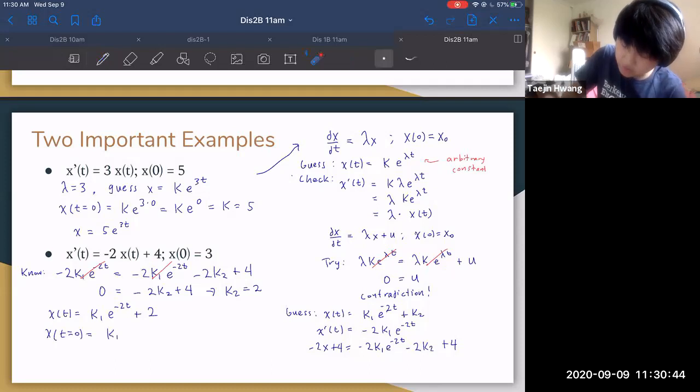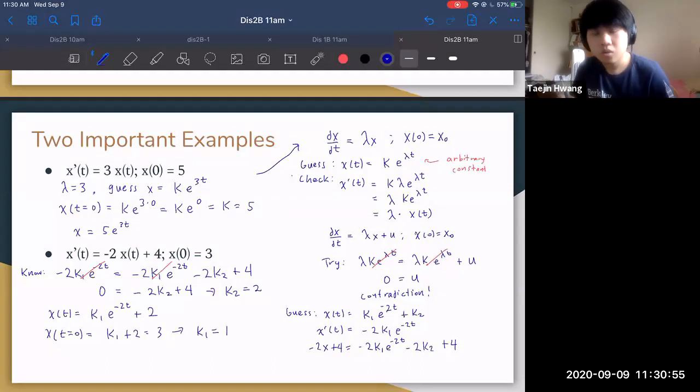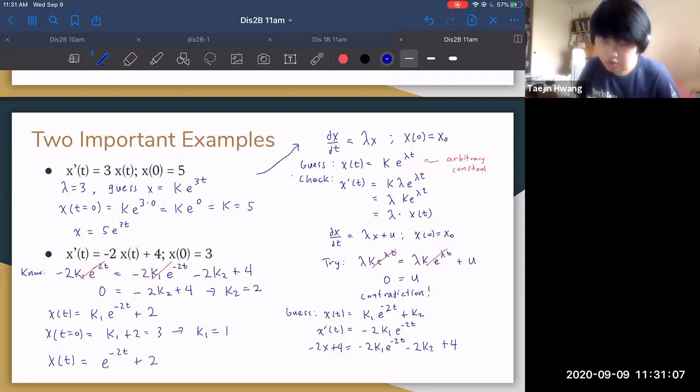I'm just going to skip some steps since we know that e to the 0 is equal to 1. So from here, we can conclude that x of t is in fact equal to e to the minus 2t plus 2.